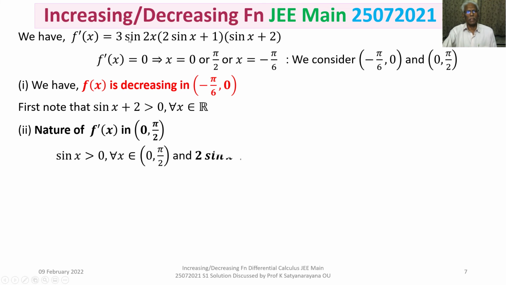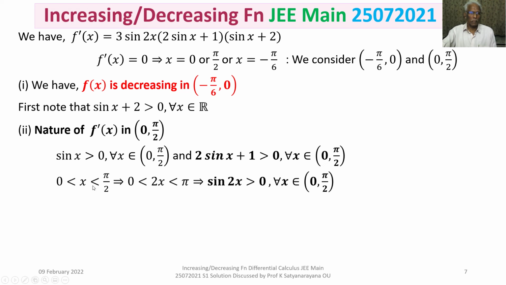Now sin x is greater than 0 for all x belongs to 0 to pi by 2, right? And 2 times sin x is also greater than 0. 1 plus 2 sin x is also greater than 0 for all x belongs to 0 to pi by 2, right? 0 less than x less than pi by 2, multiply throughout by 2, 0 less than 2x less than pi.